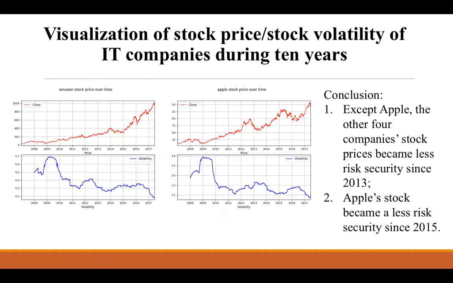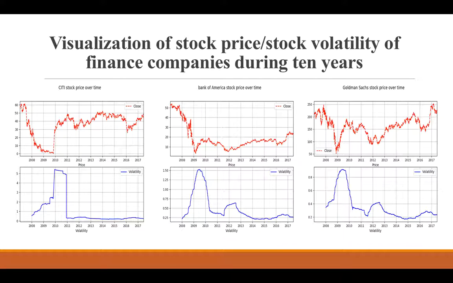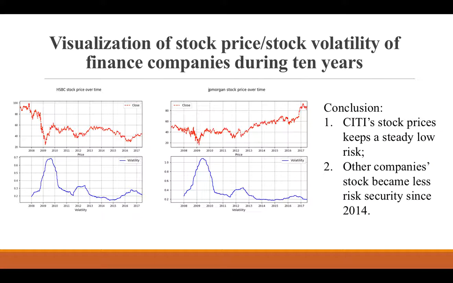Then we did the same computation with the other 5 financial companies. They are Citibank, Bank of America, Goldman Sachs, HSBC, and JP Morgan. We found that Citi's stock prices keep a steady low risk, while other companies' stocks become less risky since 2014.